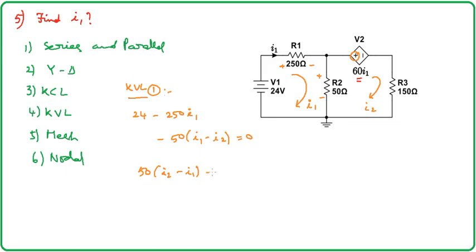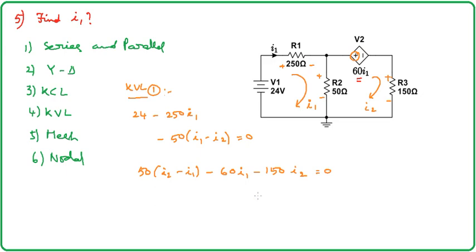So it should be minus 60 I1 as the value. This is also plus and minus as current is flowing in this direction. So this is also minus 150 I2 equal to 0. That's all.